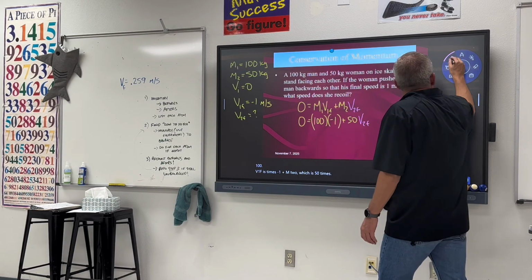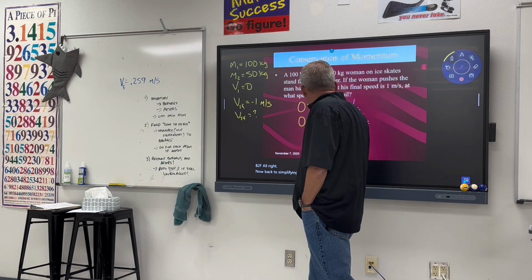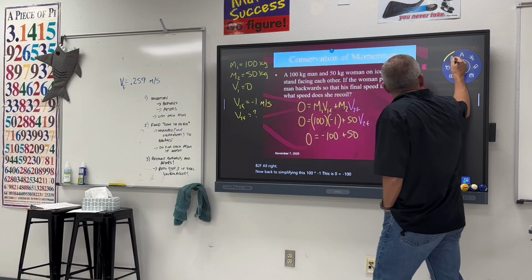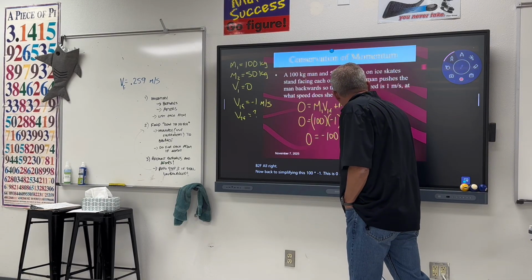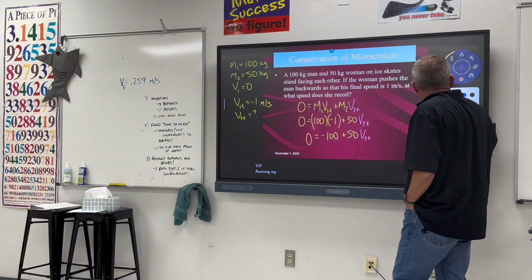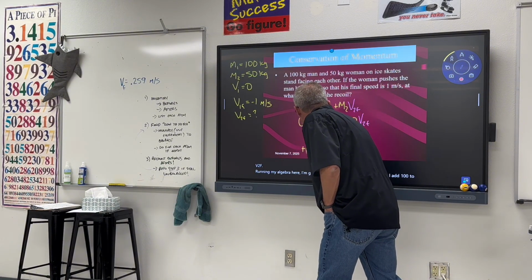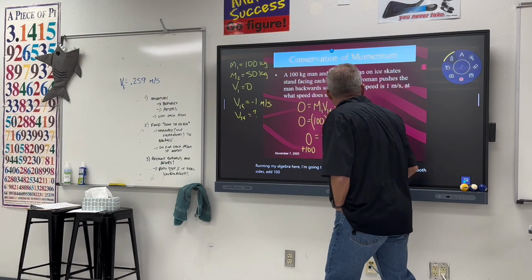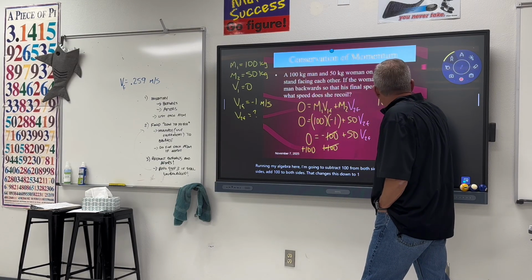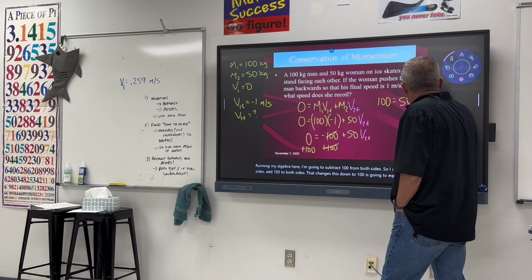Now I'm back to simplifying this. 100 times -1, this is 0 equals -100 plus 50 V2F. Running my algebra here, let's add 100 to both sides. That changes this to 100 equals 50 times V2F.